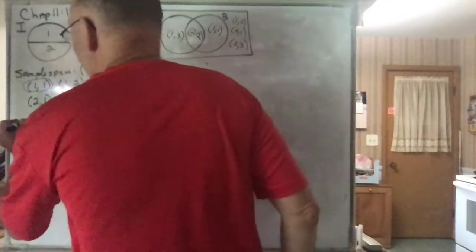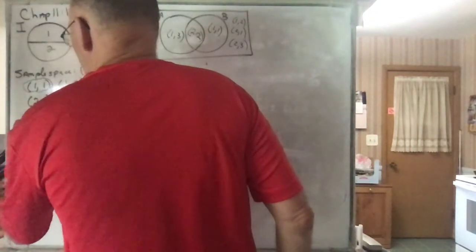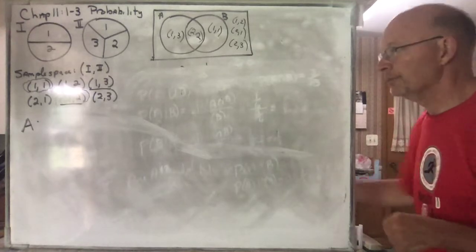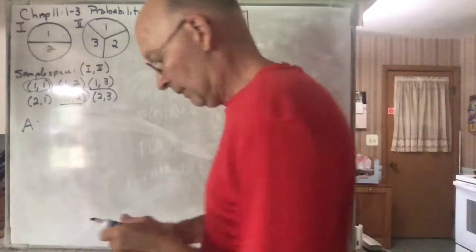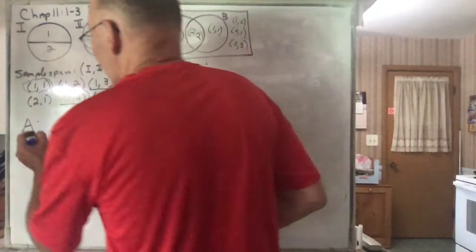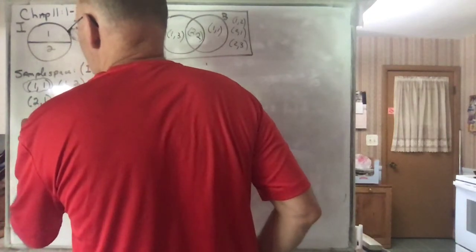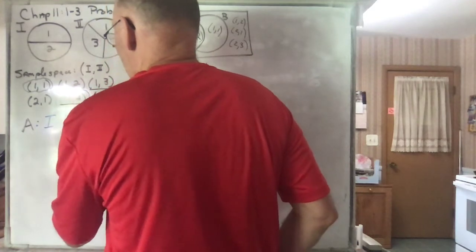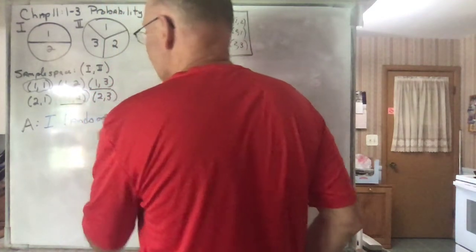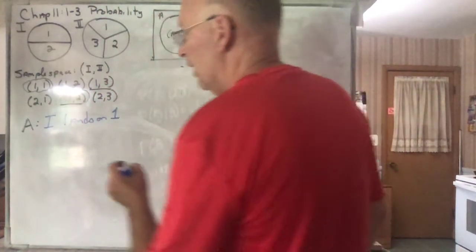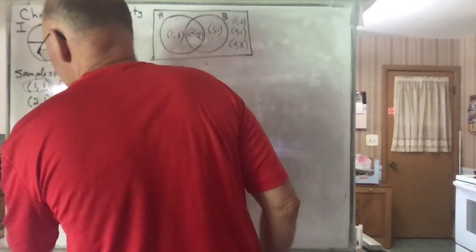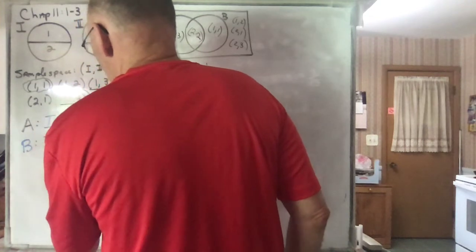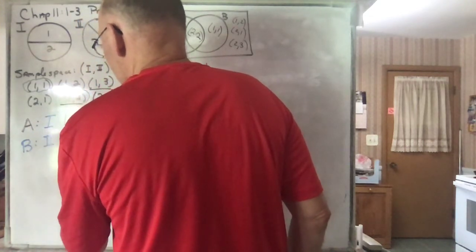So let's let A, B, I need to get myself another marker here. Let's let A be the event that the first spinner lands on a 1. And let's let B be the event that the second spinner lands on, say, a 3.